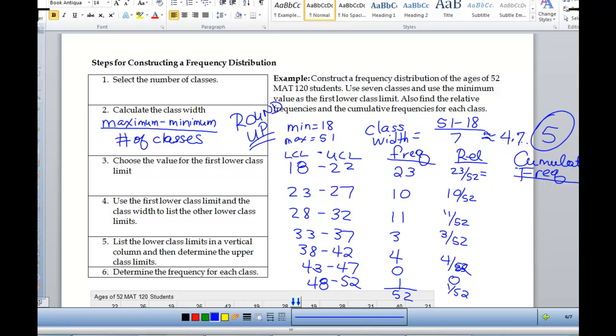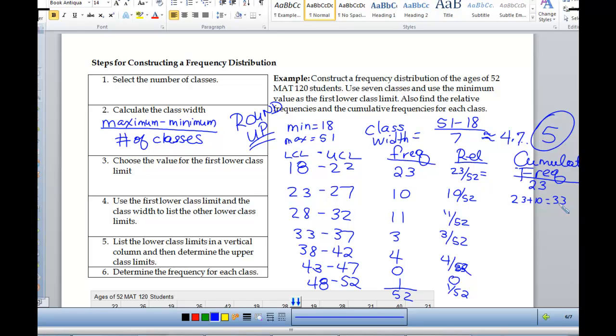So for instance, for the first class, my cumulative frequency is 23. For the second class, it's going to be 23 plus 10, or 33. We're accumulating all of the frequencies as we go down. So I can say that there are 33 students who are 27 years of age or younger.